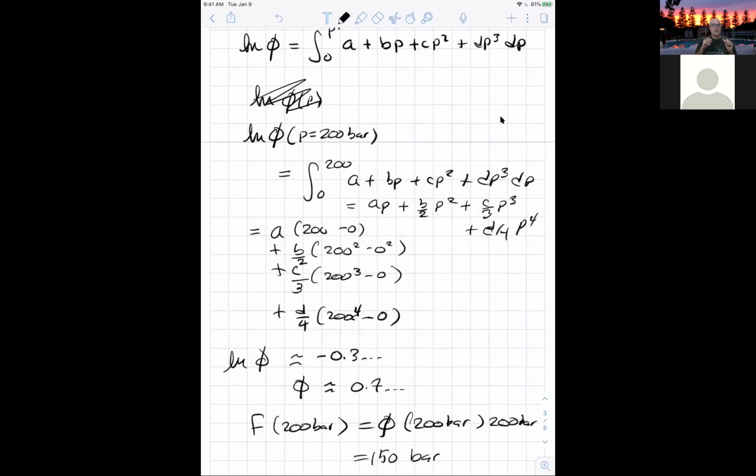How can I phrase this? The real pressure is 200 bar, but an ideal gas would need a pressure of 150 bar for the same effect. In other words, the non-ideal effects make the pressure a third more than an ideal gas.